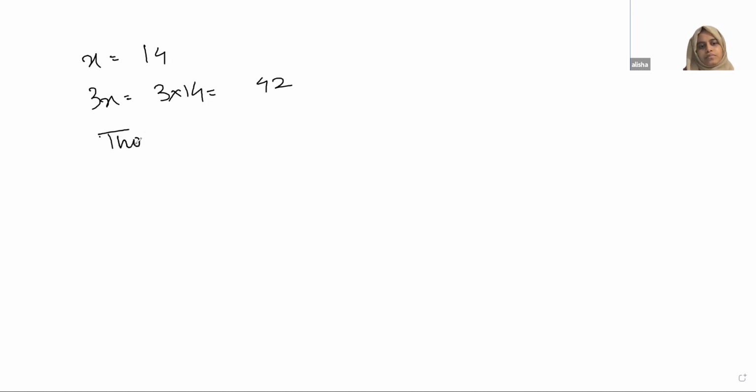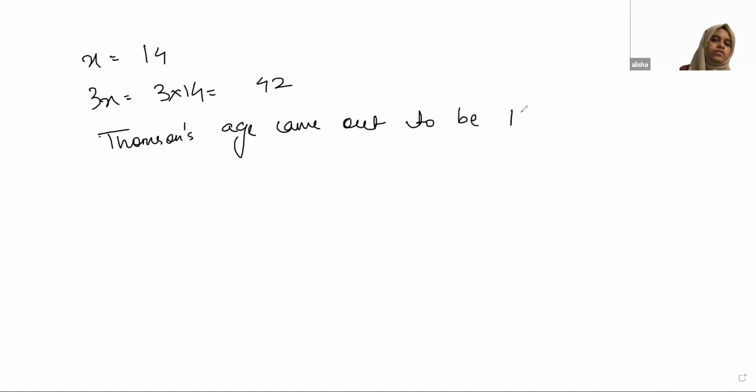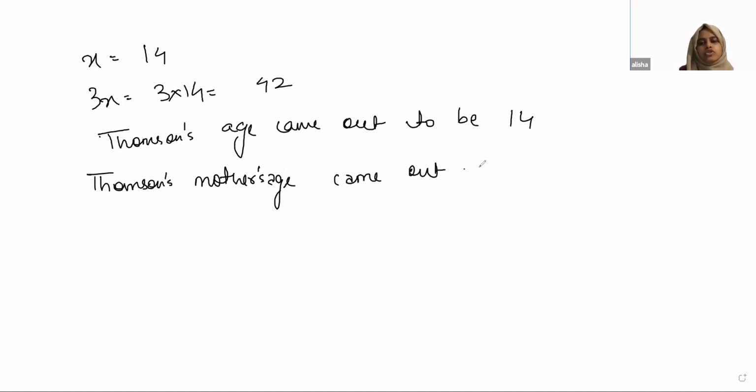So Thompson's age came out to be 14 and Thompson's mother's age came out to be 42 years.